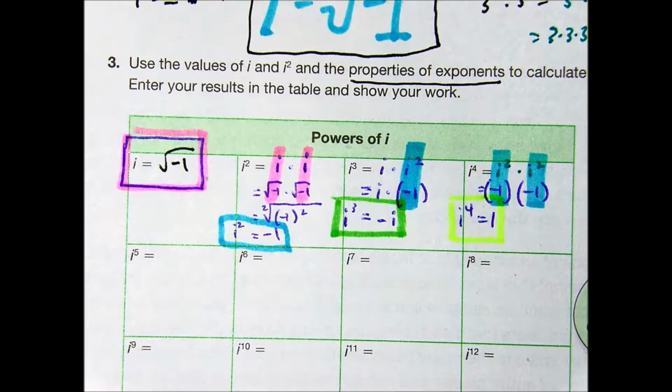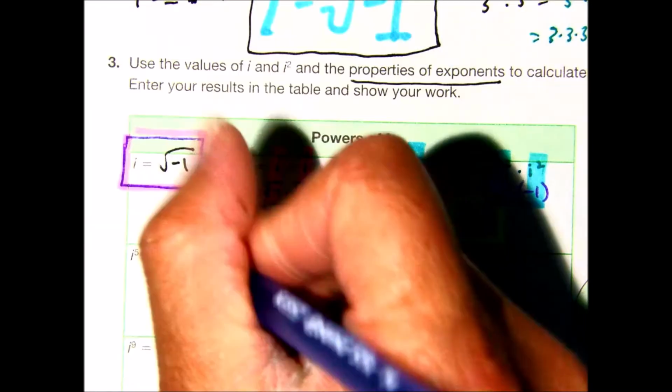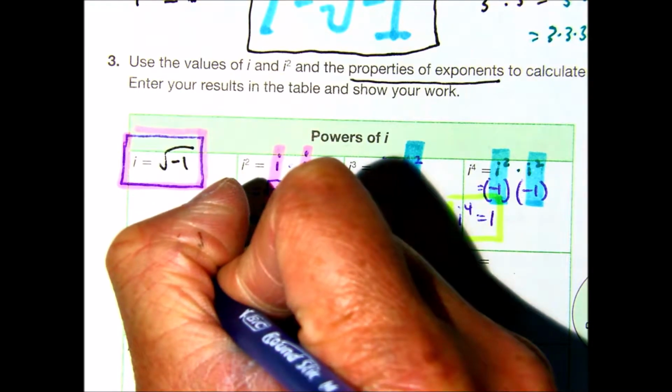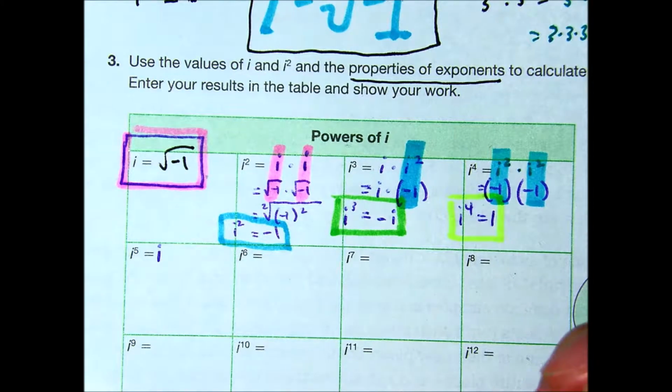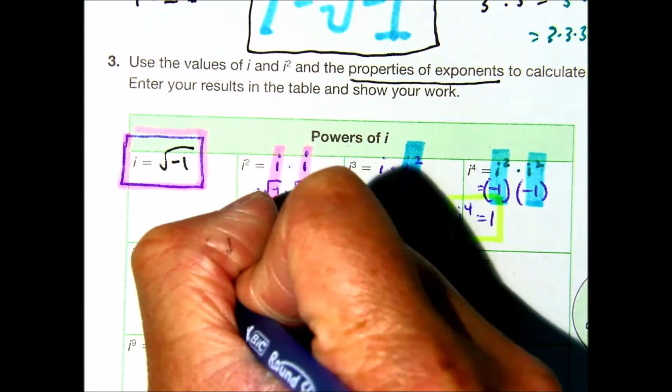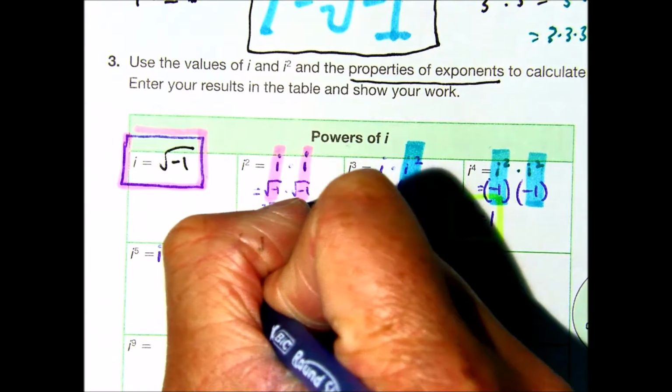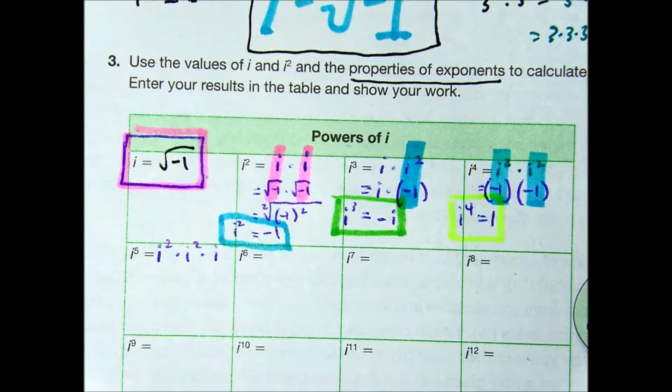Okay, that is acceptable. He says i squared times i squared times i. Isaiah, i squared is equal to what? Negative 1.